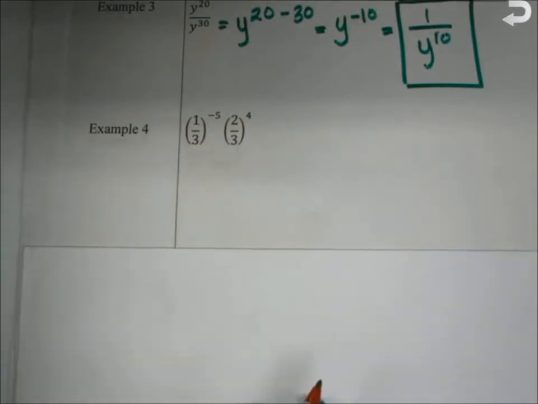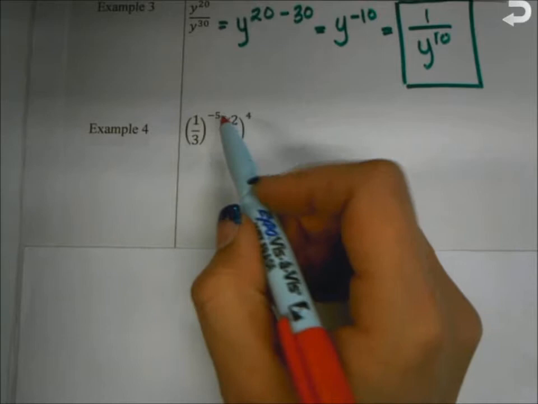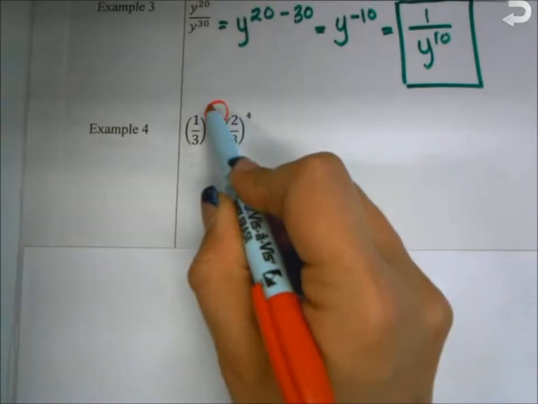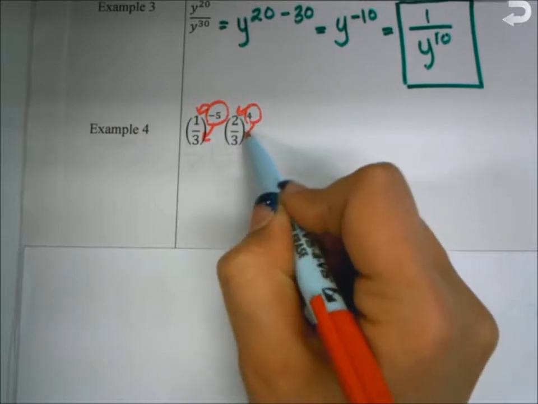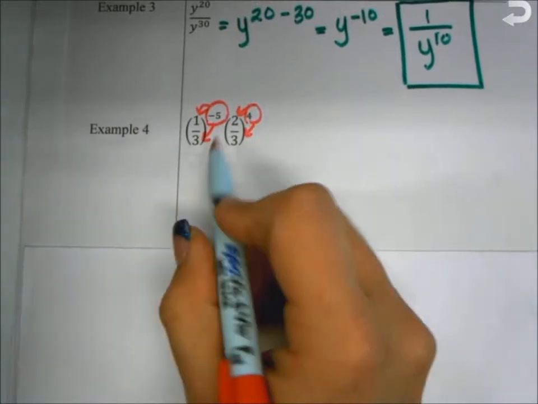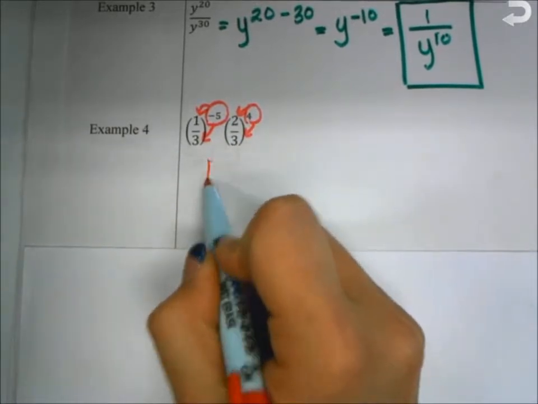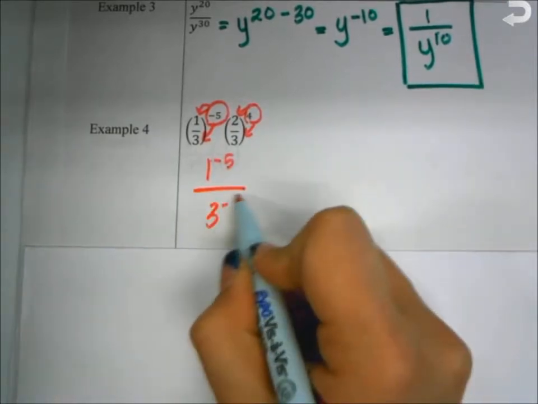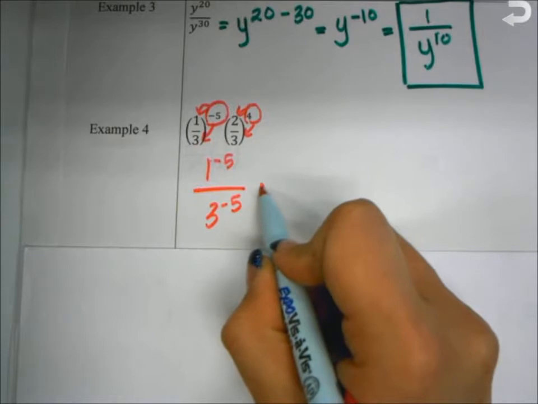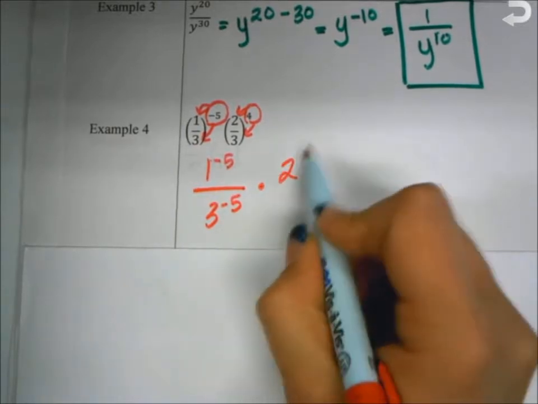So I'm going to distribute both of those exponents to each of their fractions, which is going to give me 1 to the negative 5 over 3 to the negative 5 times 2 to the 4th over 3 to the 4th.